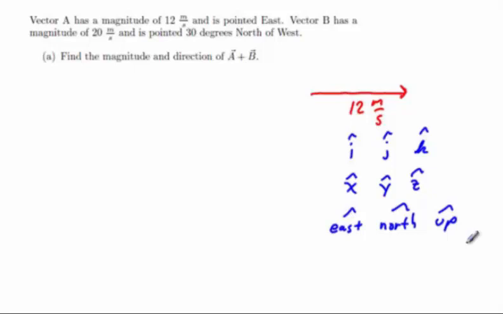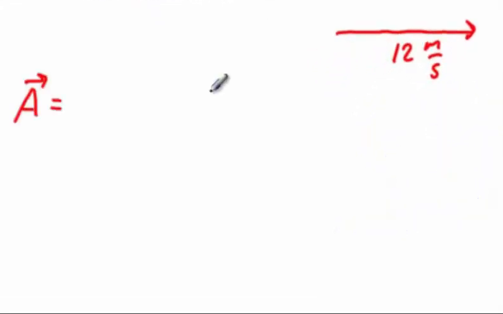So let's write the vector A in that notation. We'll need to ask ourselves two questions, because this is a two-dimensional problem. We'll need to ask ourselves whether the vector A has an east hat component, and whether the vector A has a north hat component.